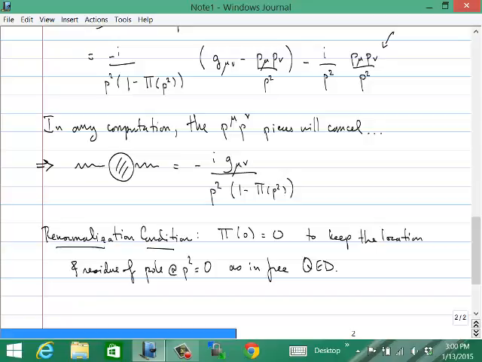There was a question? Yeah, so earlier you said that the p mu p nu piece will cancel out. Is that fixing Pi to be 0, because otherwise I don't see how that's... Yeah, okay. That's right. In any physical computation, this was when we checked the Ward identity. We didn't actually prove it in QED, but last semester we checked that in a variety of different diagrams, all of the p mu terms cancel. That showed up as gauge invariance.